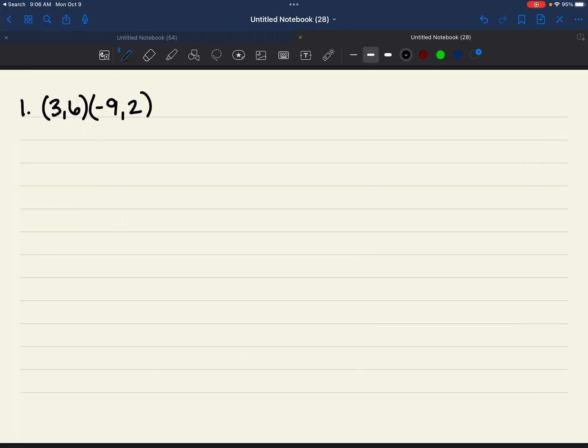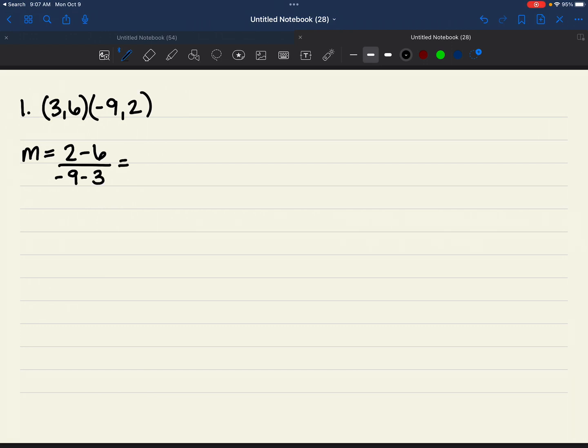Okay. When we're given two ordered pairs, all you have to do is y2 minus y1 over x2 minus x1. Now, the easiest way to do that is start with your second ordered pair. What's the y value in my second ordered pair? 2. And subtract the y value from your first ordered pair, 6. And then you just do that same thing with your x values. X value from the second ordered pair, -9 minus 3.